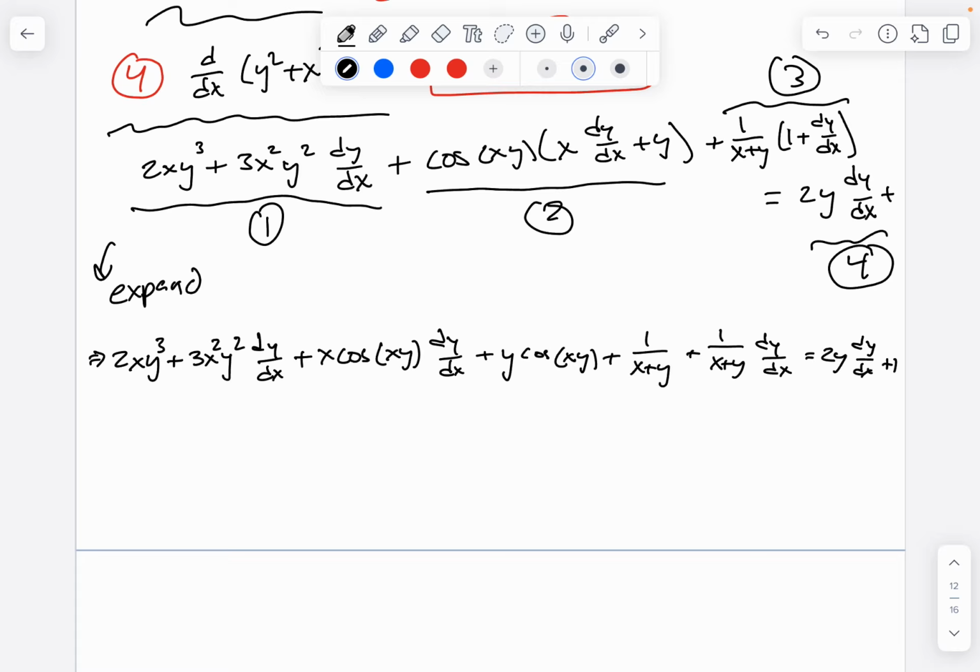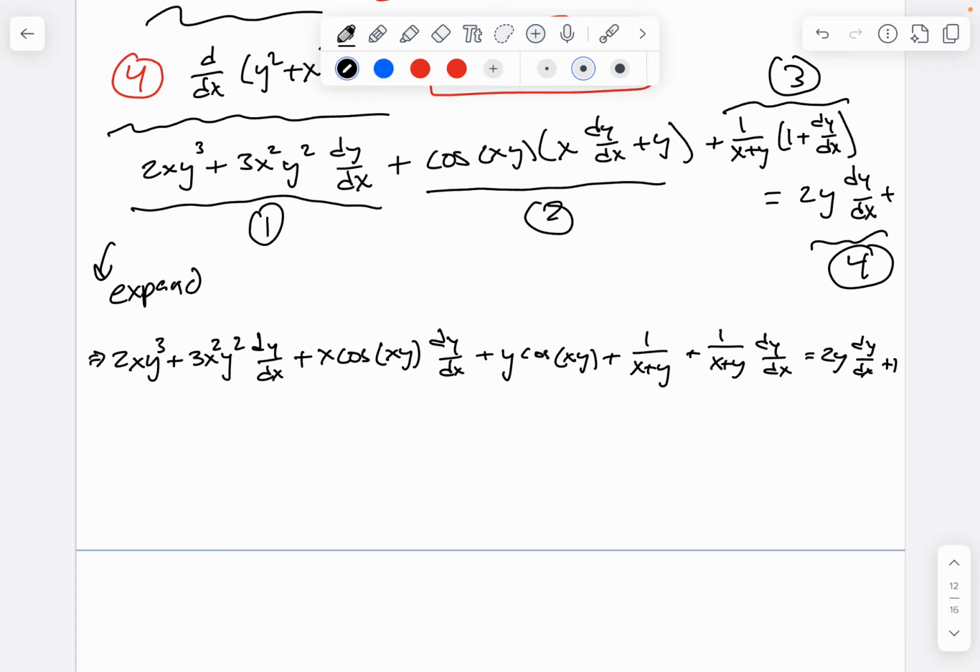And that is very important because the next step is isolating dy dx, so we have everything in its own separate term. Like I just mentioned, let's move all the dy dx terms to one side.